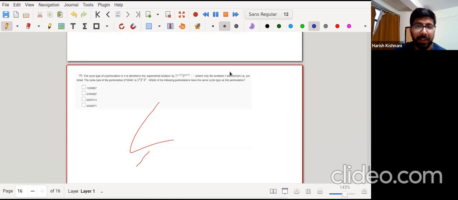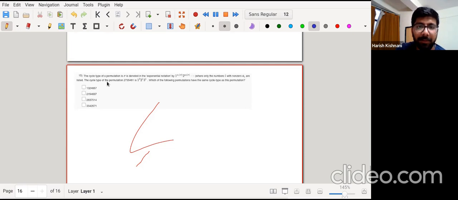The cycle type of a permutation sigma is denoted in the exponential notation as 1 raised to a1 sigma, 2 raised to a2 sigma, and so on. So a1 sigma means the number of cycles of length 1, and a2 sigma is the number of cycles of length 2. Only the numbers i with non-zero a_i are listed. So if a_i sigma is 0 for some i, then we won't list that.